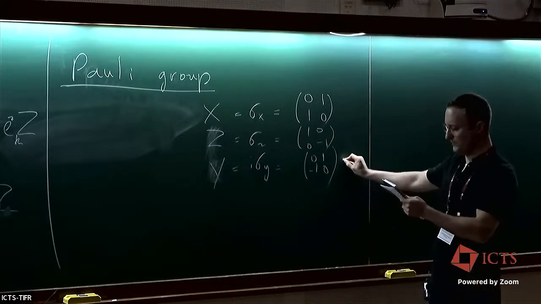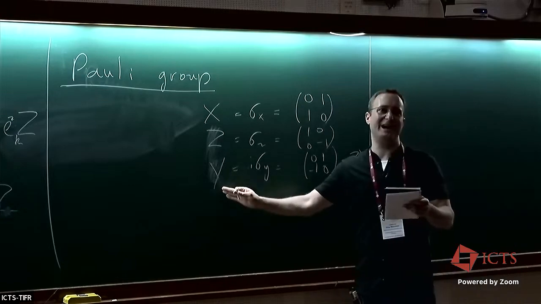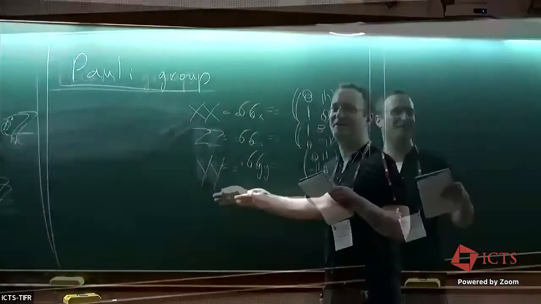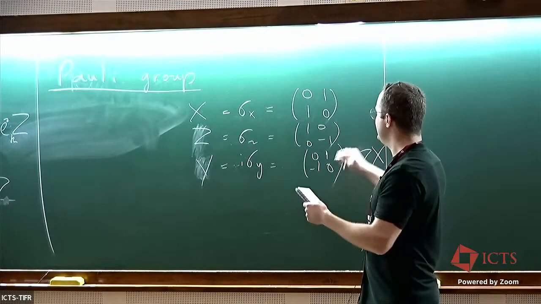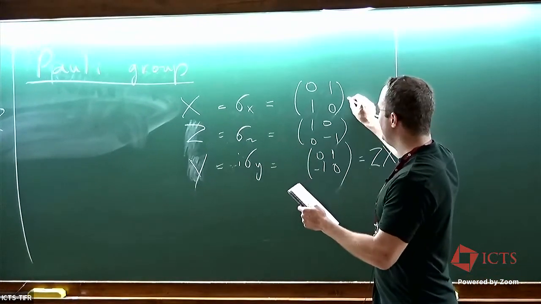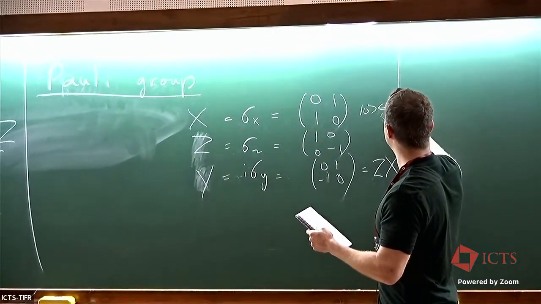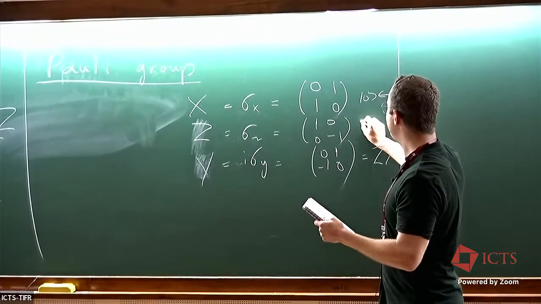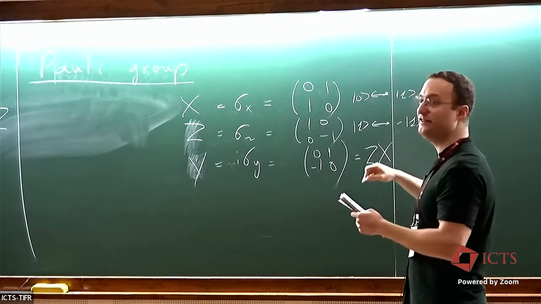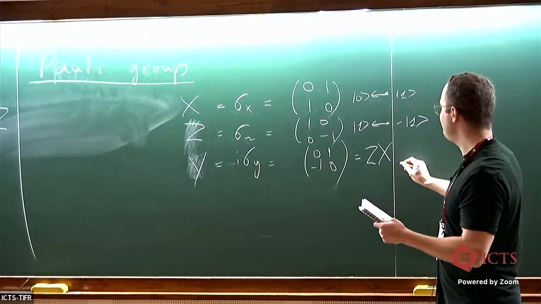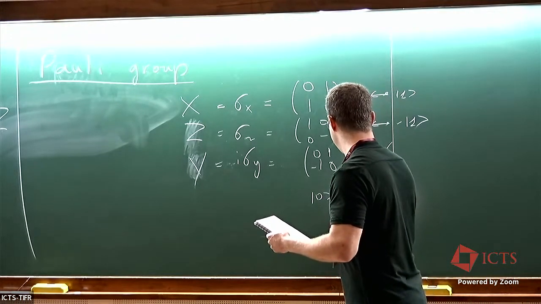And this equals Z times X. When we think about Y, I will almost never talk about Y because it's just an X operator followed by a Z operator. Intuitively, what X does is exchange 0 and 1. It's a bit flip. Z exchanges 1 with -1, so it adds a phase only to 1. And Y is both at the same time. It's a bit flip and a phase flip.